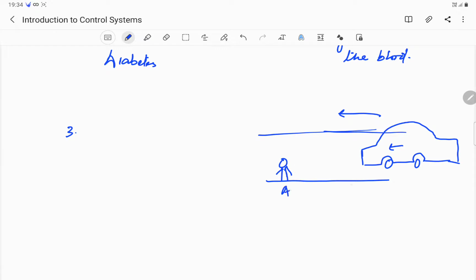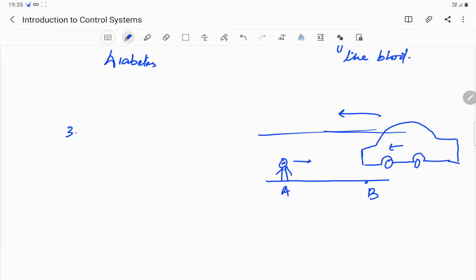You are at point A, for example, and the vehicle is at point B. Now what happens is that you first look towards the vehicle, and intuitively you try to find whether you can cross the road before it hits you.